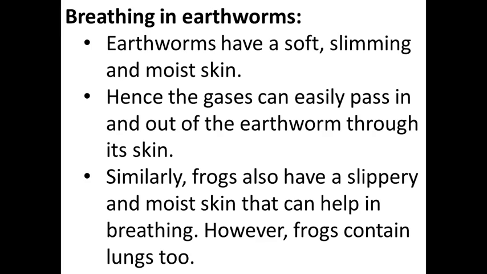When the frogs are in water, they use their skin for breathing, and when they are outside, they use their lungs for breathing. Understood? So two body parts are used by the frogs, their moist skin and lungs. Understood?